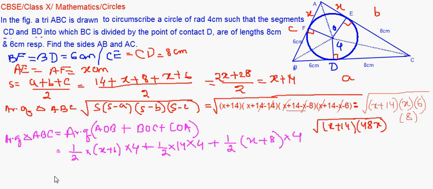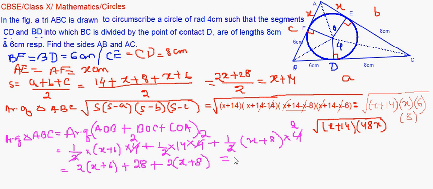So in all of them, this is getting cancelled by 2, so it is 2 multiplied by 2x plus 6 plus 14 to the 28 plus 2 into x plus 8. If I solve this, I'll be getting 2x plus 12 plus 28 plus again 2x plus 16.